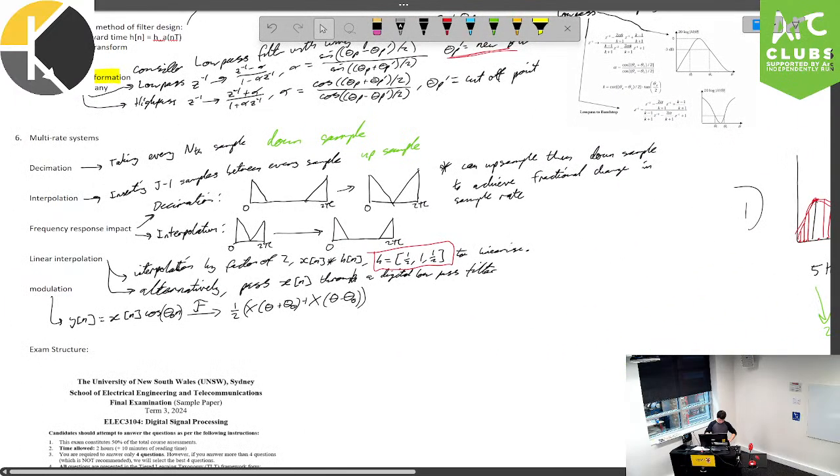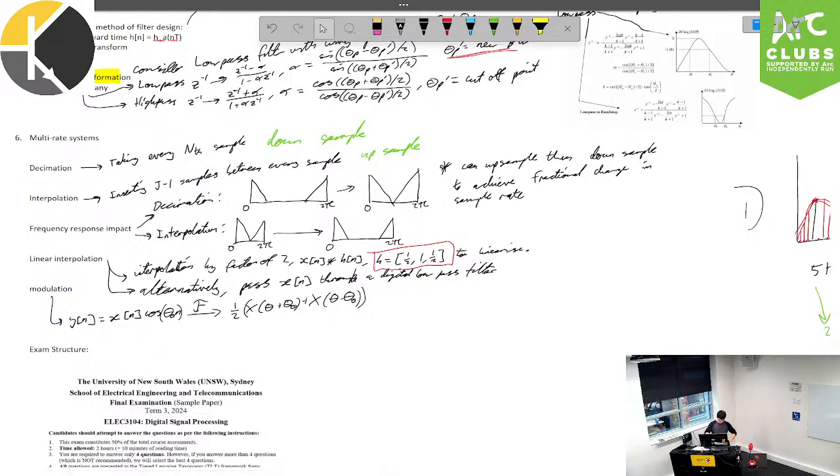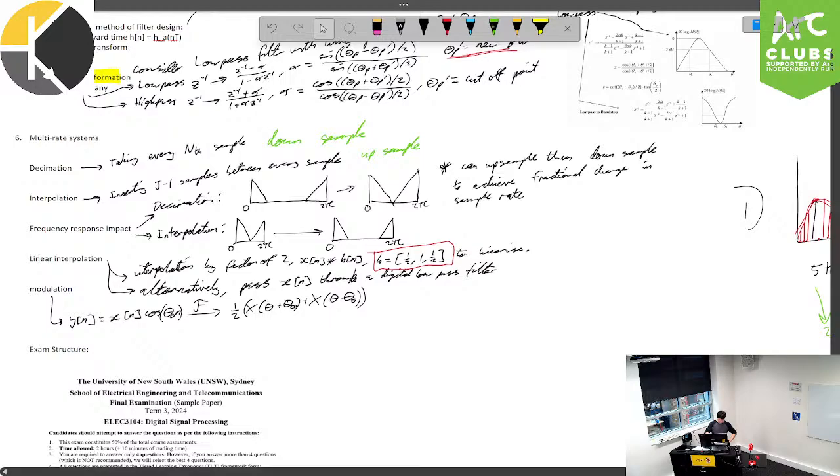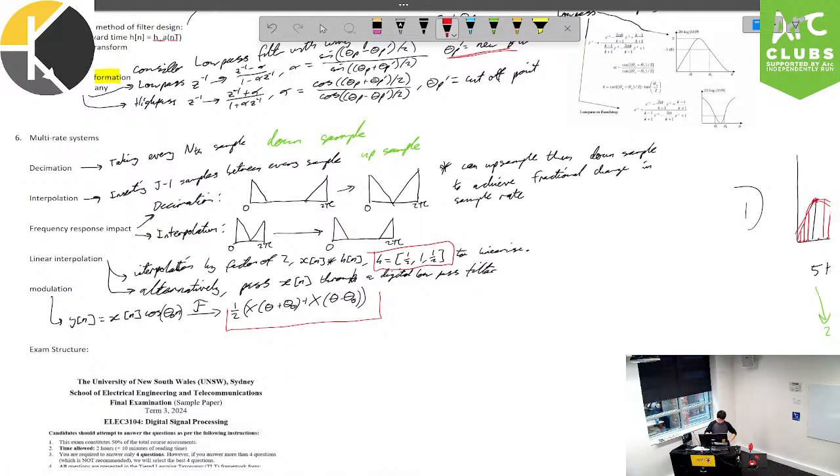And I guess as a final note on the course content, we have modulation within the syllabus. There's not too much spoken about it. It's just an extra thing that we can consider, especially within digital signal processing. And all it really does is it goes to our Fourier transform.